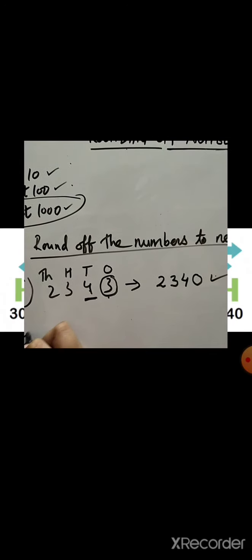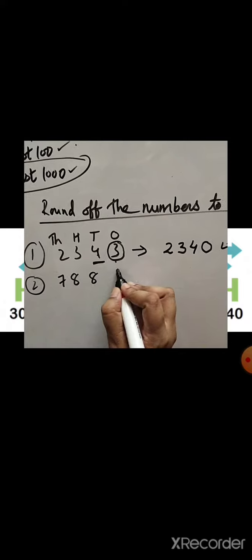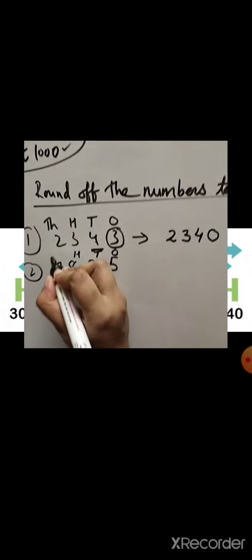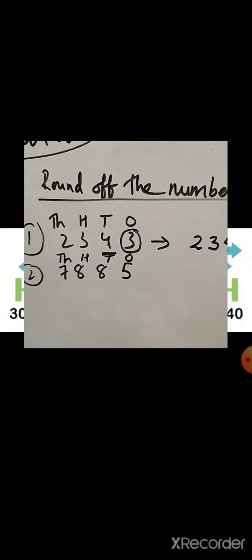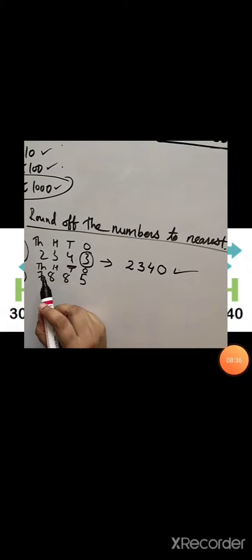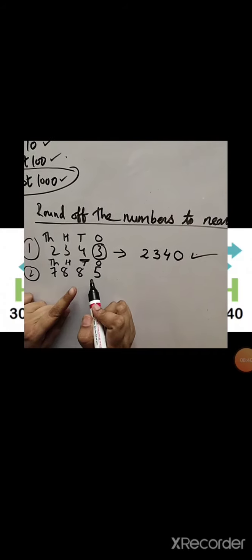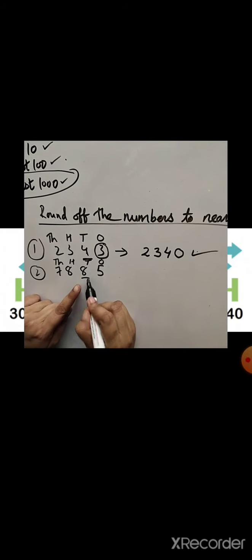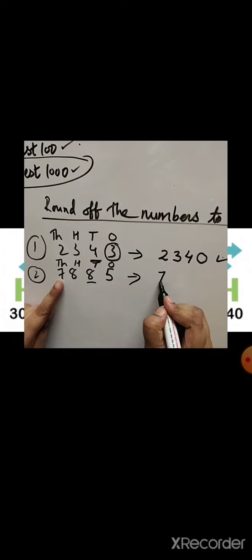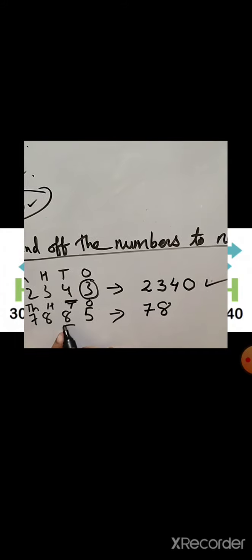Now second number: 7, 8, 8, 5. Okay. Again you write the positions. Now we have written the positions, this number, and we are doing rounding off to nearest 10, so we will underline 10's position. Now thousands position will not change, hundreds position will not change. Now what is important is 10's position.